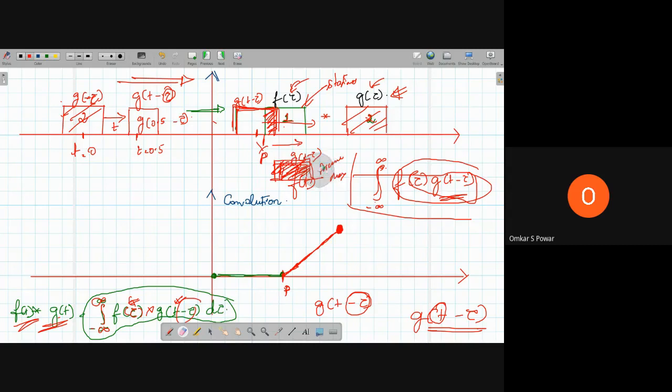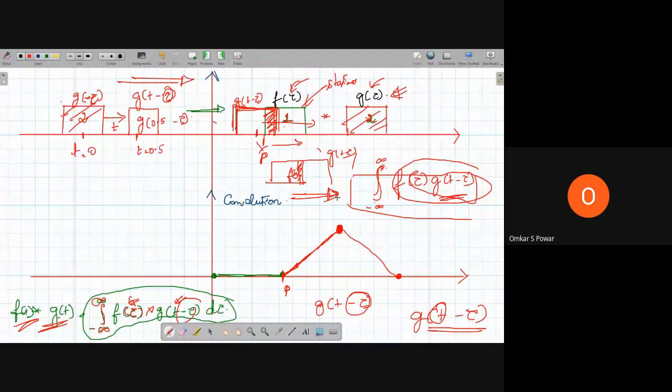So after this overlap, what happens? It should leave that, right? So this is f of tau and this is your g of t minus tau. It should leave, so it's going to the right side. So again your area goes on decreasing and it becomes equal to 0 because it's going to the right side.